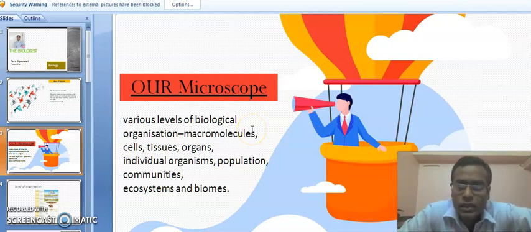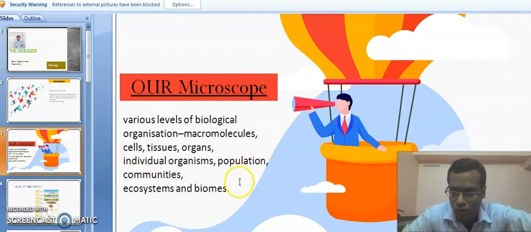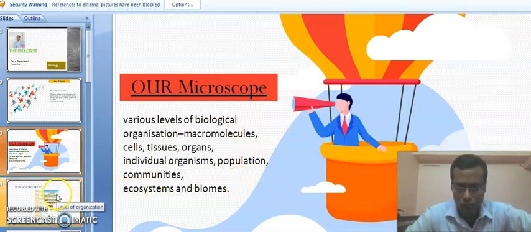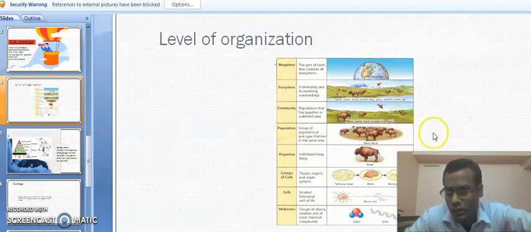So this is the basic thing to understand, how the biomolecules, like the DNA, protein, carbohydrate, all these macromolecules become a cell, and cell to the tissue, all these things form the biomes.